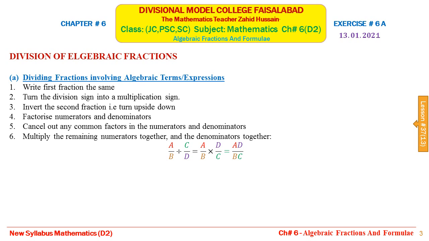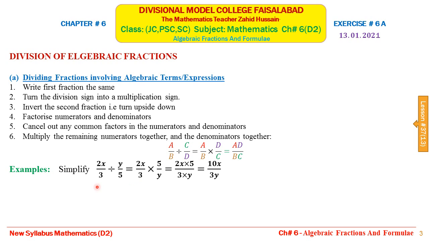Let's see some examples. If you are asked to divide 2x over 3 by 5 over y, we will write the first fraction as it is, 2x over 3. We will change this division sign into a multiplication sign, and we will invert the second fraction after the division sign, and it will become 5 over y.